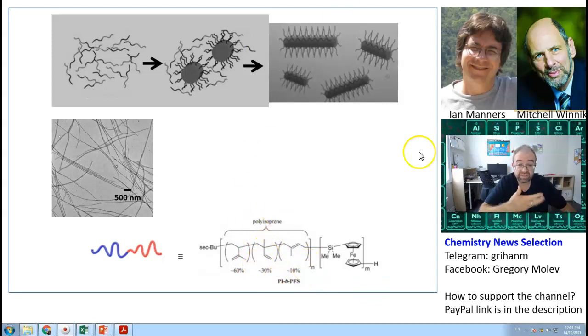And the self-assembly here happens not in water, but in a non-polar solvent, in which PFS crystallizes, like decane or hexane. You just take a solid polymer, you put solvent on top of it, heat it, it dissolves, then it cools down, the polyferrocenylsilane crystallizes, and you get cylinders. This is a picture from transmission electron microscope. You get very long random length cylinders.